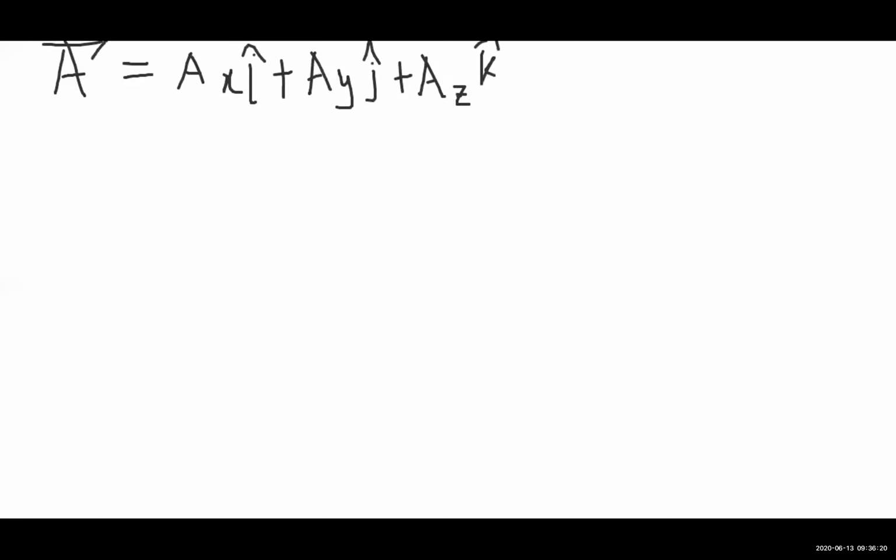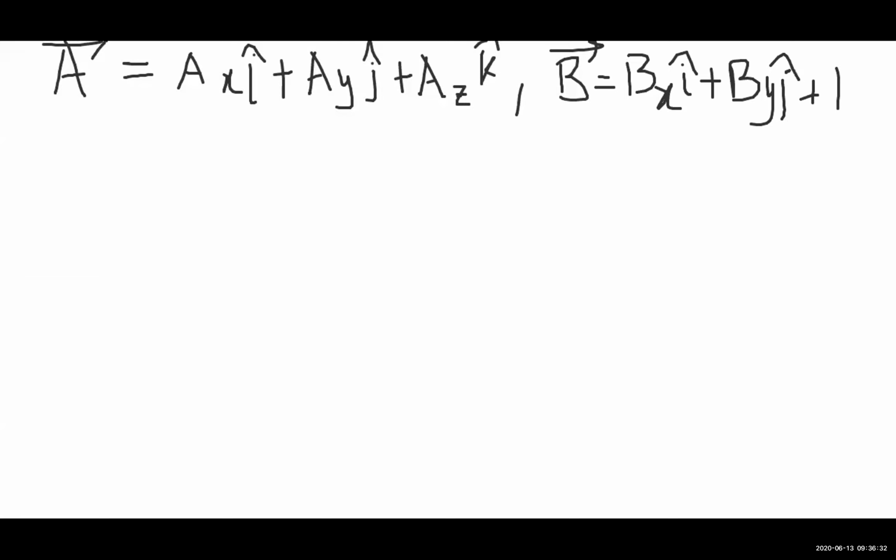So if the vector A is equal to ax i cap plus ay j cap plus az k cap, the vector B is equal to bx i cap plus by j cap plus bz k cap.